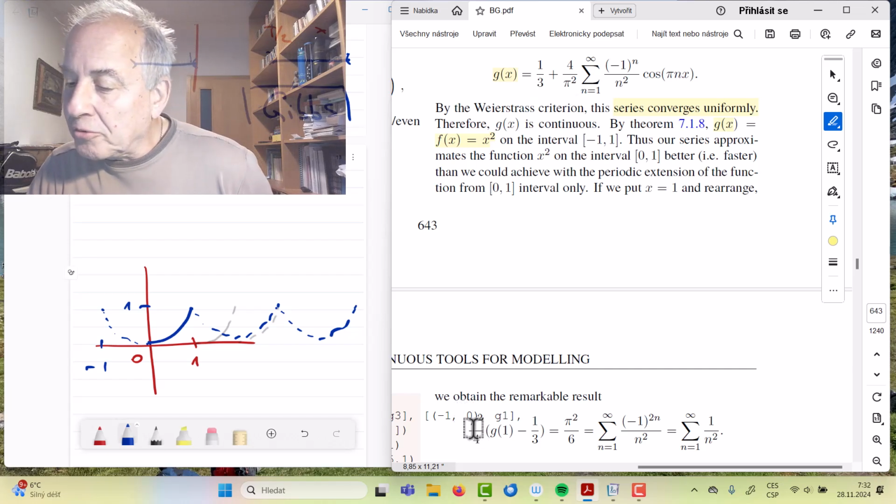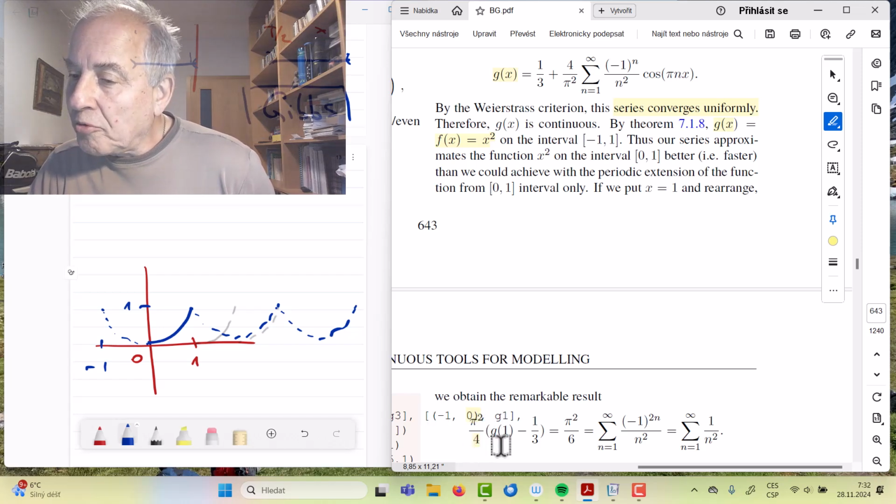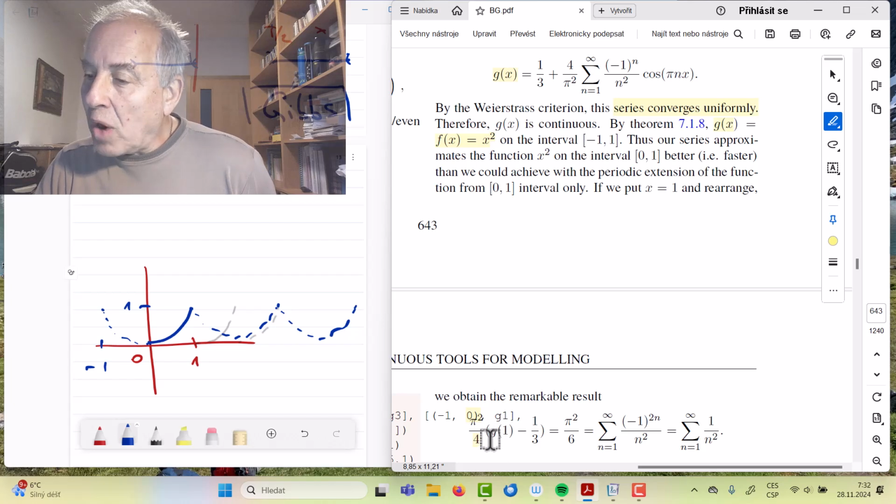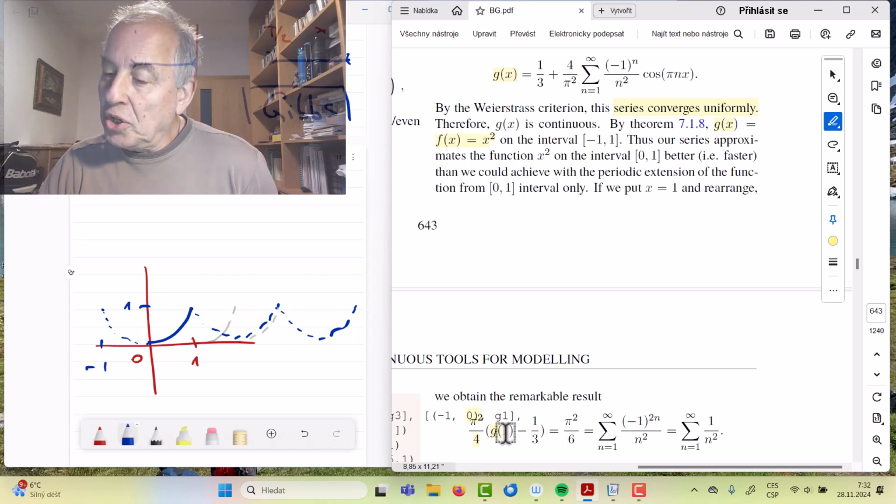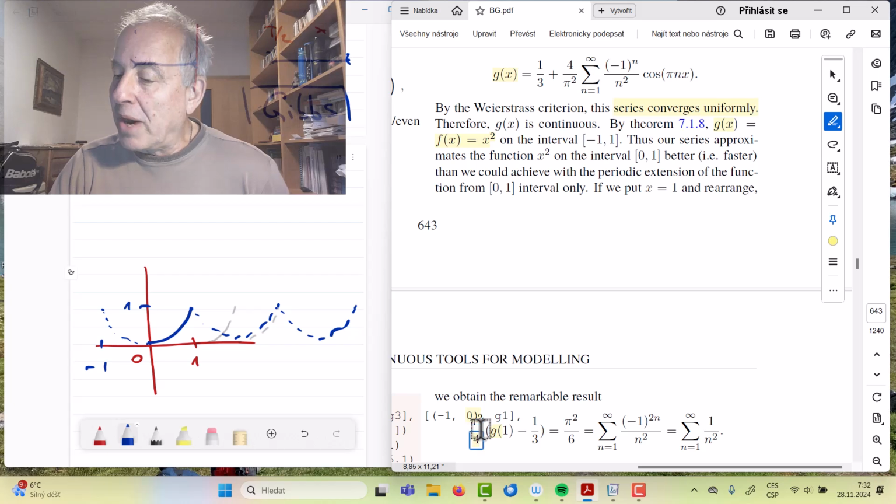So you see it's unfortunate here, but it's pi squared over 4 g(1) minus 1/3, which we know how much it is. So it's pi squared over 6, right? Because g(1) is 1, so it will be pi squared over 6 if you compute it.